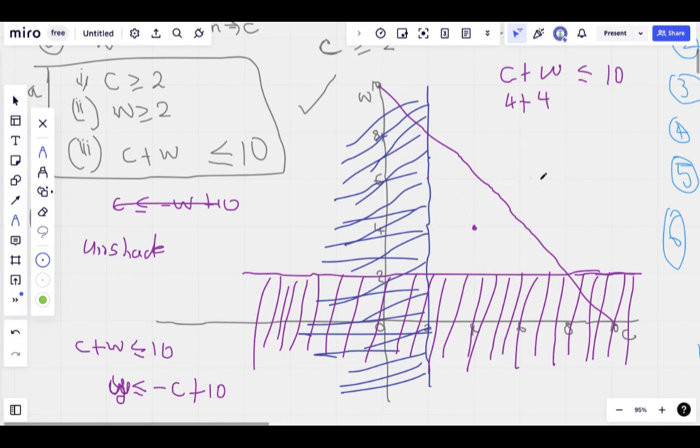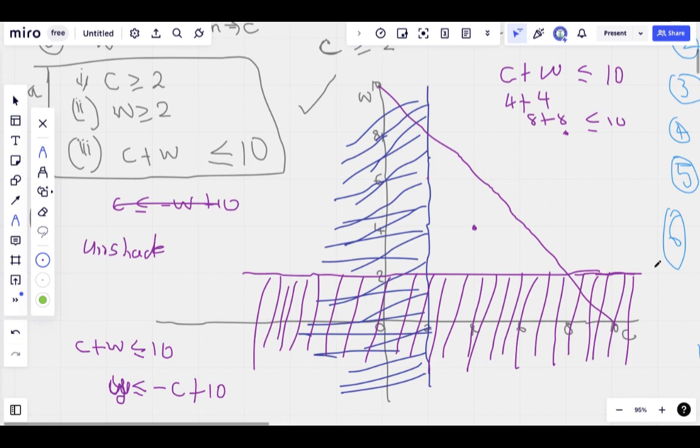If, for example, let me choose the wrong side. Let's say I choose this point. Now the C value is 8, and the W value is 8. 8 plus 8 is 16. Is 16 less than 10? No. 16 is not less than 10.